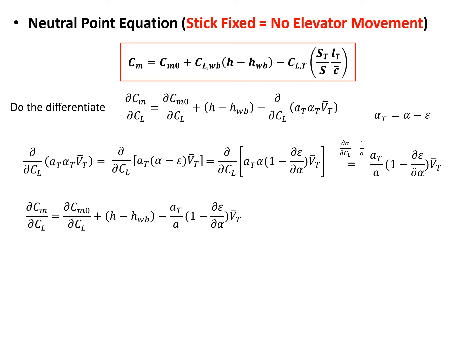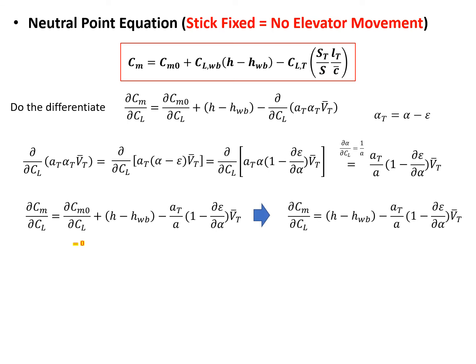And if we plug it into the original equation, the second equation from the top, it can be written this way. And because we know that Cm0, the original pitching moment, is a constant, partial Cm0 partial CL is 0.